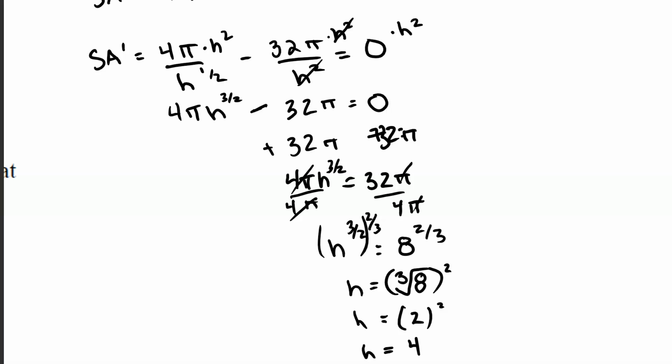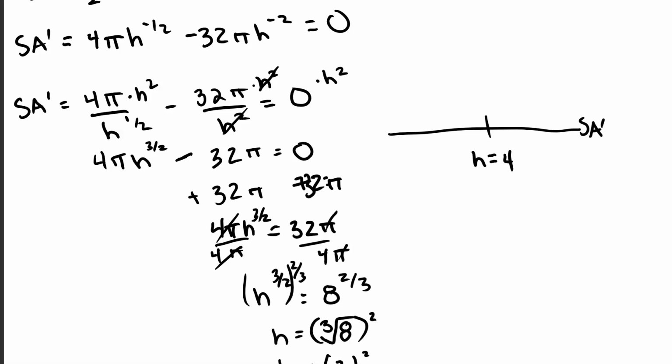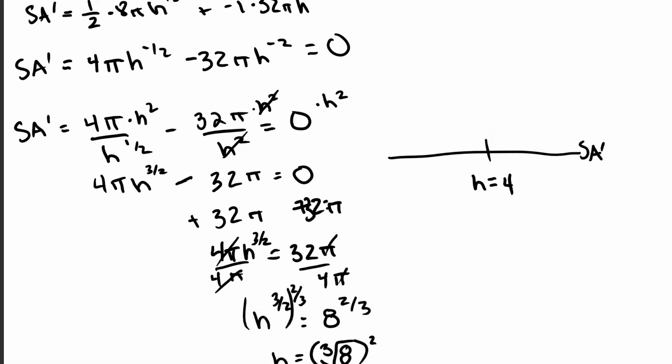So we're going to go ahead and do our number line, and we're looking at the derivative of SA here. We've got h equals 4 as our point in the middle. All right, we're going to choose points on either side and substitute those in. I'm going to choose 1 on my left side here.